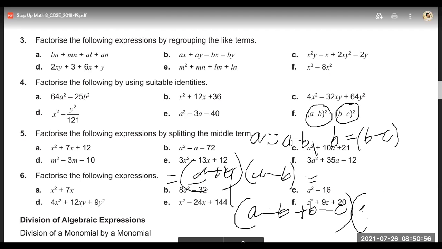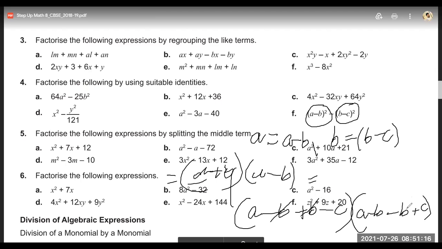In place of a we have a minus b, minus, in place of b we have b minus c. But when you open this bracket, the minus b will be as it is, minus c becomes plus c. So I'm writing it directly. Now here minus b plus b is cancelled.